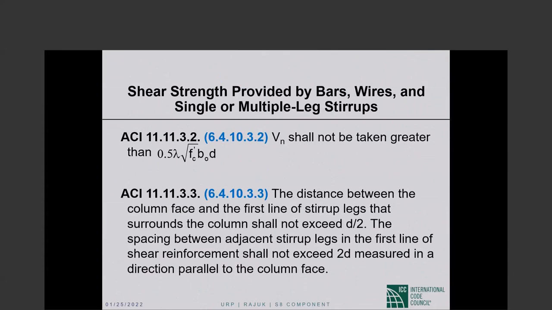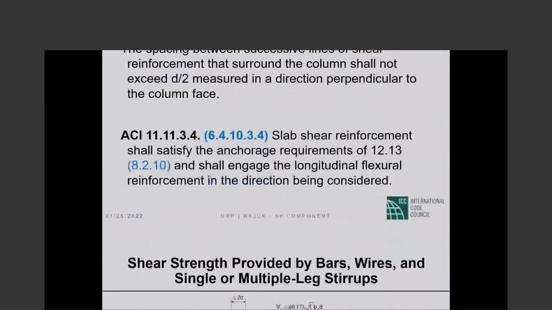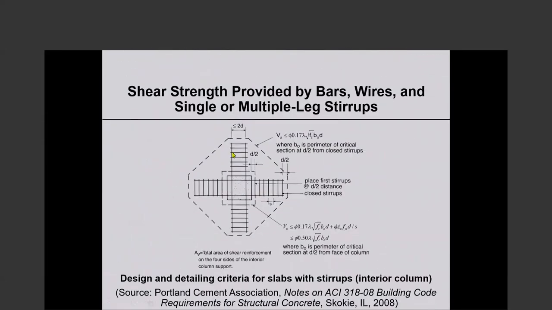The spacing between adjacent stirrup legs, now not the stirrups, the spacing between stirrup legs in the first line of shear reinforcement shall not exceed 2d measured in etc. So the distance between shear legs shall not exceed 2d.